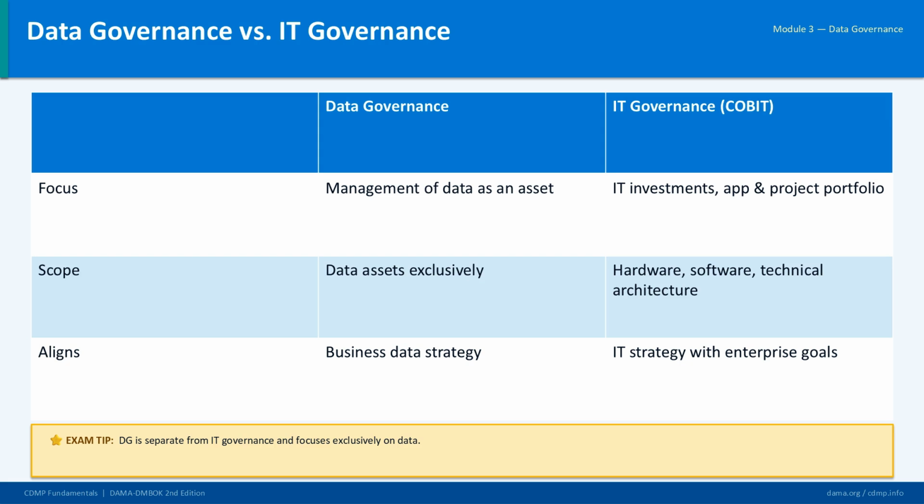Its standard framework is COBIT, Control Objectives for Information and Related Technology, and importantly, only a small portion of COBIT actually addresses managing data. One nuance worth knowing: some topics, like Sarbanes-Oxley compliance, span corporate governance, IT governance, and data governance all at once. But the exam wants you to know that data governance is separate from IT governance and focuses exclusively on data.